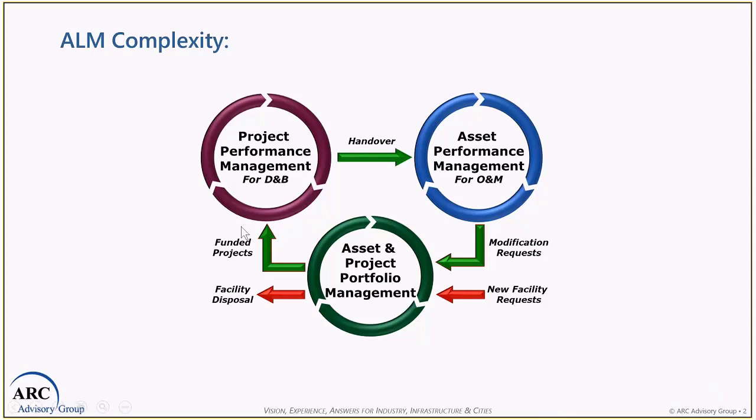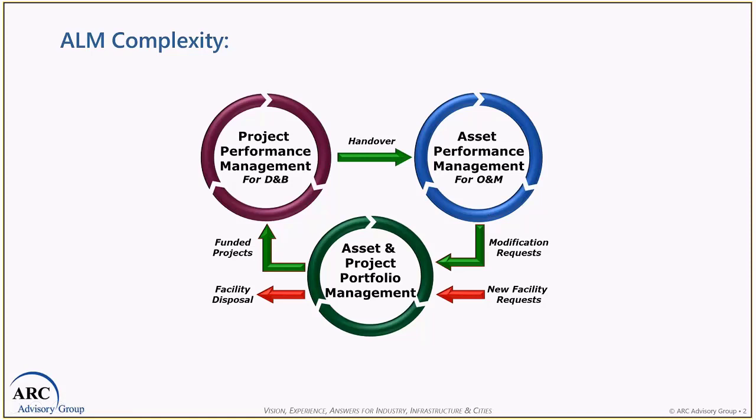Typically, it starts with a project, building a new plant, for example, where we have some design and build going on. Then there is handover. Then there is the operate and maintain and the types of applications that monitor that, or asset performance management, or APM. After running it for a while, the product may change, or they'll find new ways of doing things, and there'll be some modification request that comes in.